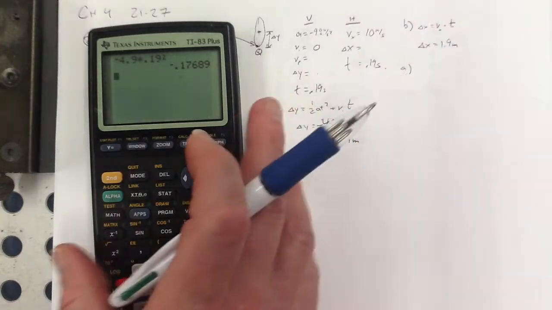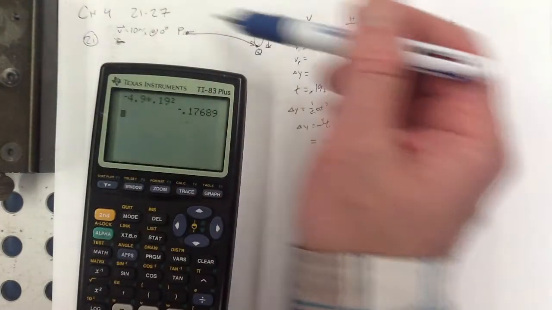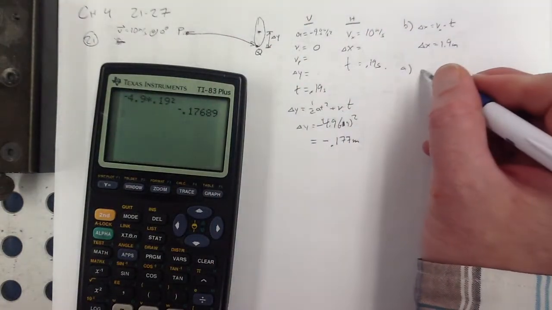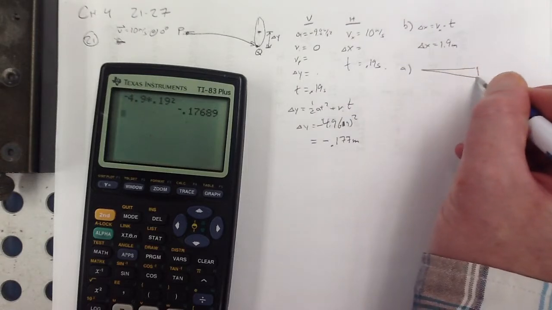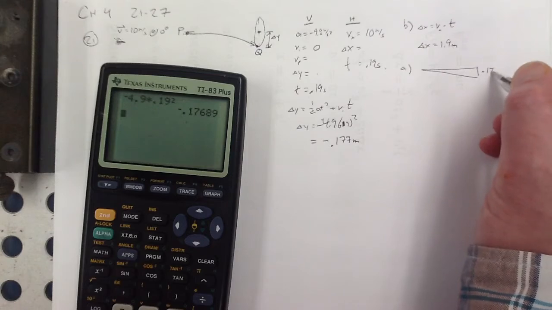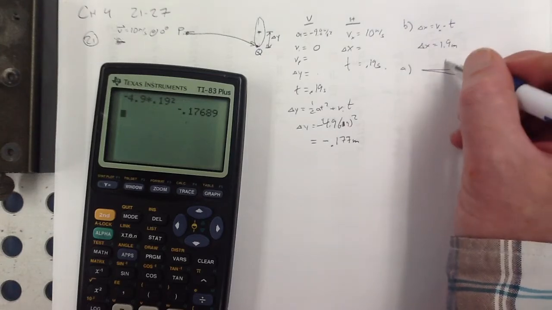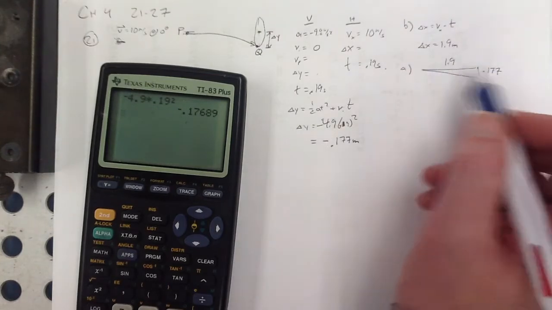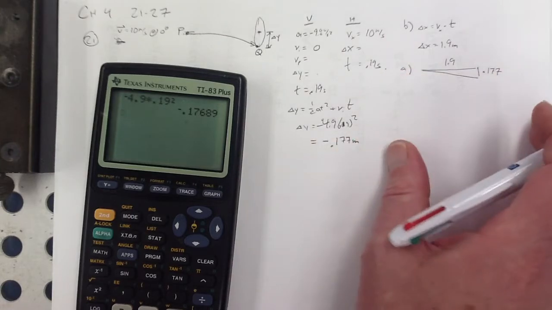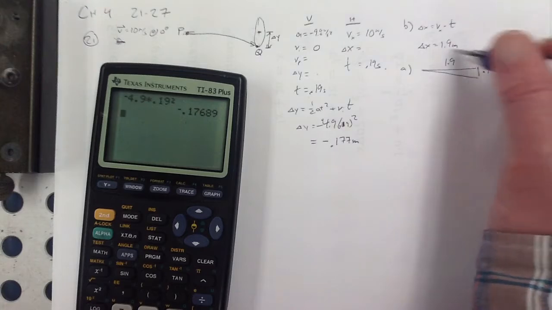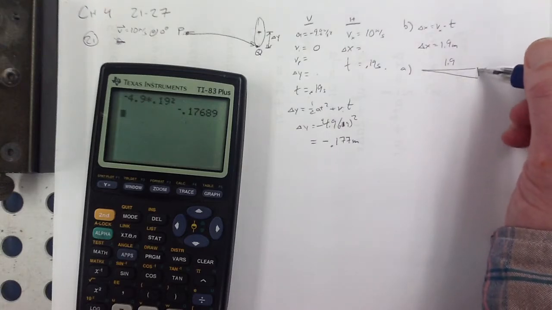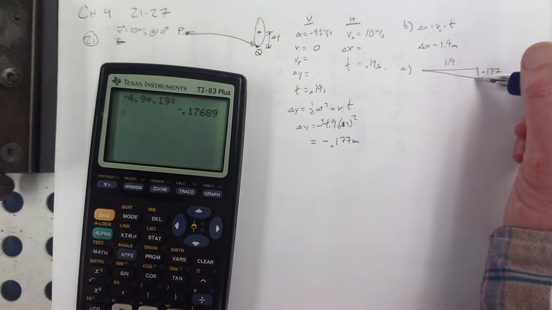So if we want to know the distance, or the from P to Q, that's a little right triangle with 0.177 here and 1.9 here. Now this is one of those very long, skinny right triangles. It really would be very hard to tell if you had a physical construction of this the difference between this and an isosceles triangle.